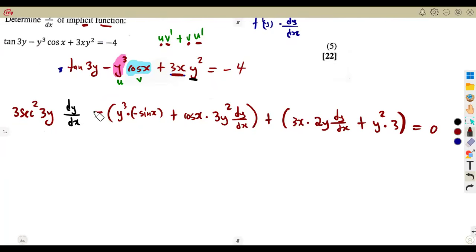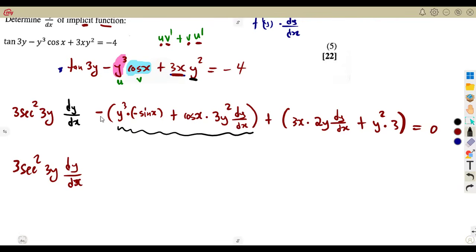So let's see. First part, because we want dy dx, we're just going to rewrite this as it is, not forgetting the 3 there. All right, so let's consider the product, expanding the first bracket here. This whole bracket has to be expanded.